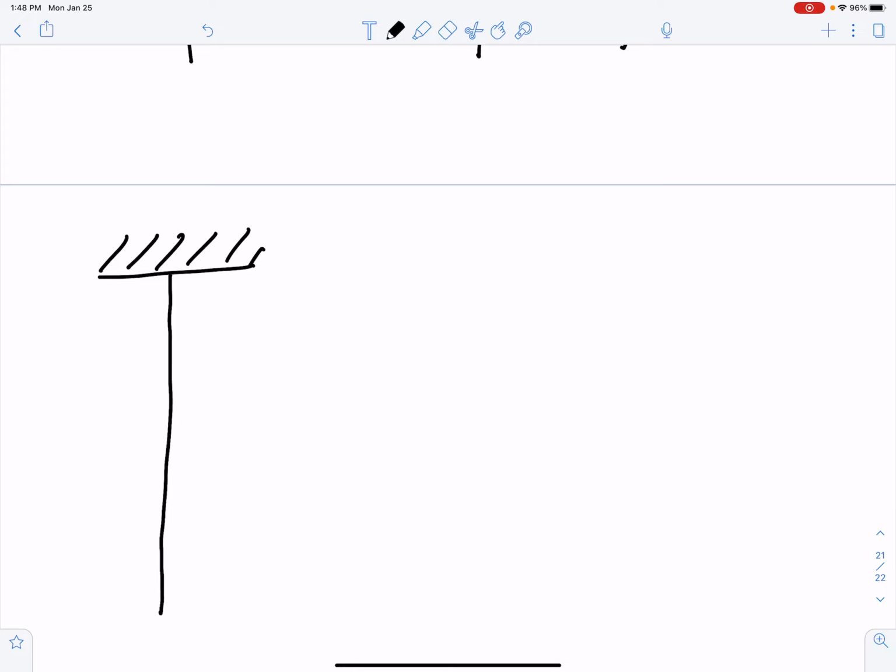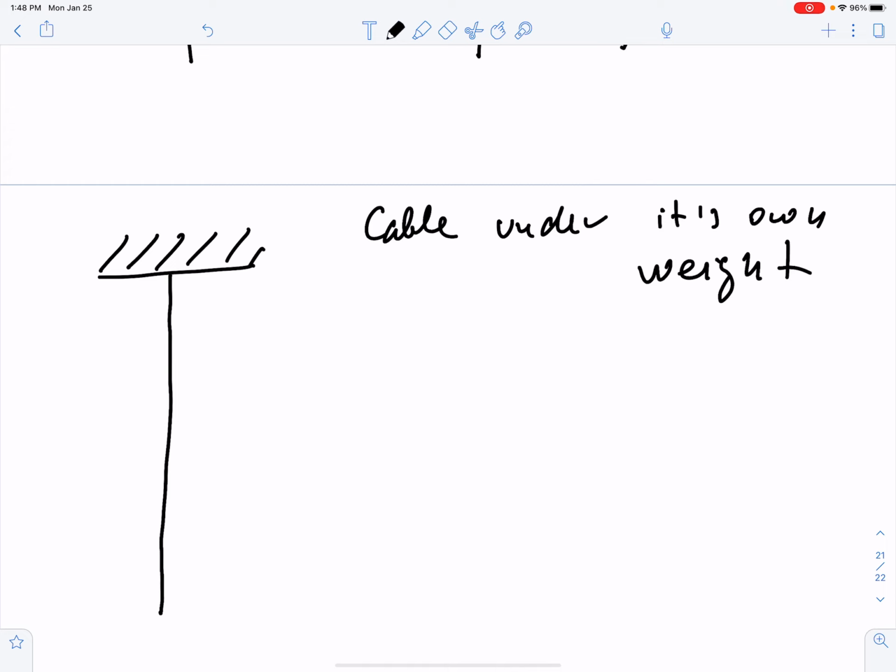Okay? There's a cable. So the problem of interest is a cable under its own weight. Some applications with such things here and there.